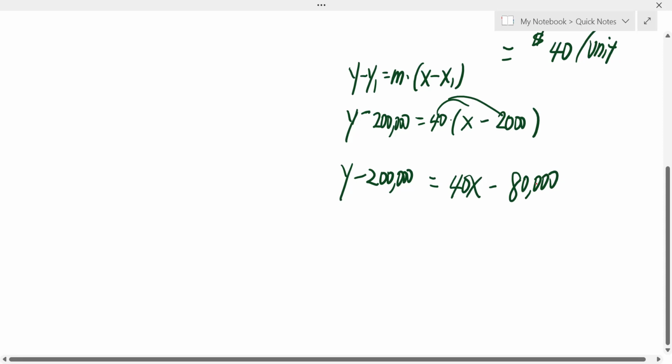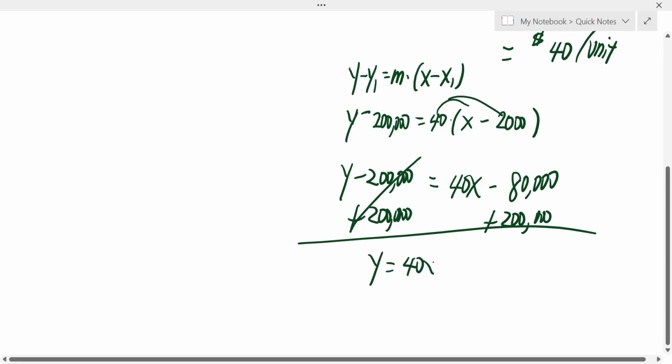Now we're adding 200,000 to both sides of the equation. The y value equals 40x plus 120,000.